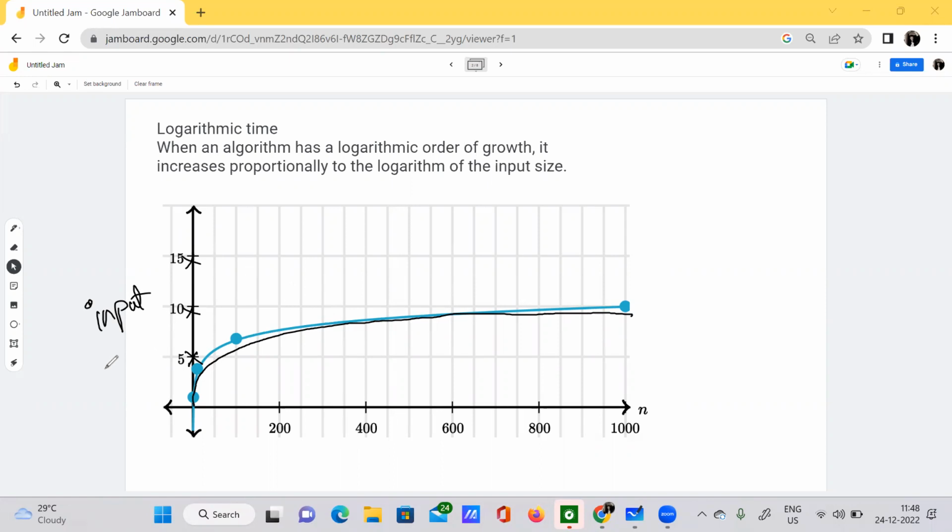What do you mean by the constant order of growth? What do you mean by this logarithmic order of growth? You just need to remember, and I'll explain all these concepts in greater detail in further videos, right? So this would be your input size, and this would be my logarithmic order of growth.